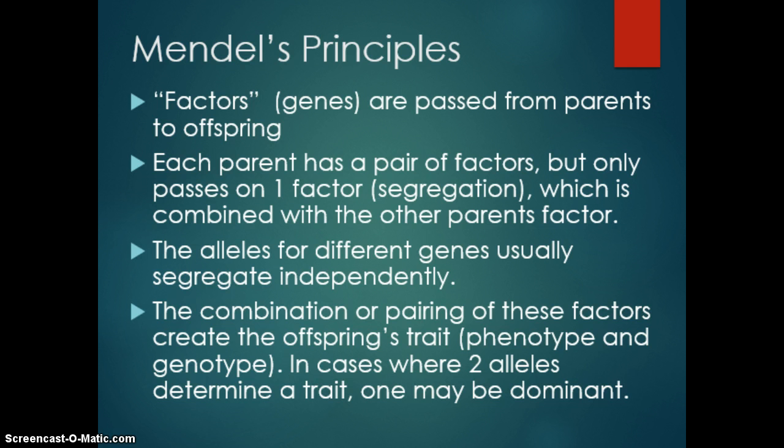Alleles for different genes usually segregate independently, and the combination or pairing of these factors creates the offspring's traits, the phenotype, and the genotype. And in cases where two genes determine a trait, one is going to be dominant. So those are the principles of Mendel, the foundation of genetics.